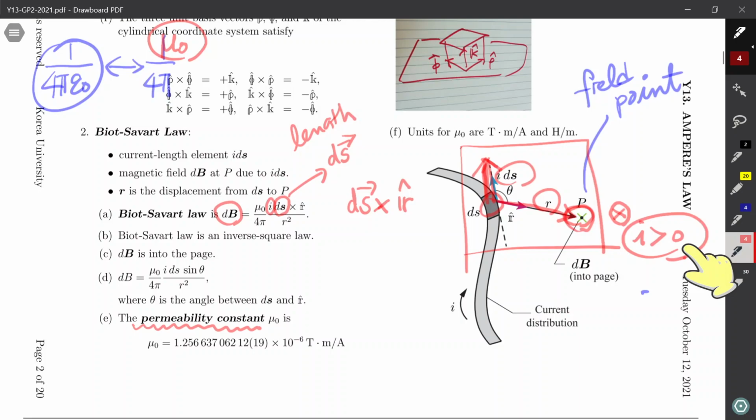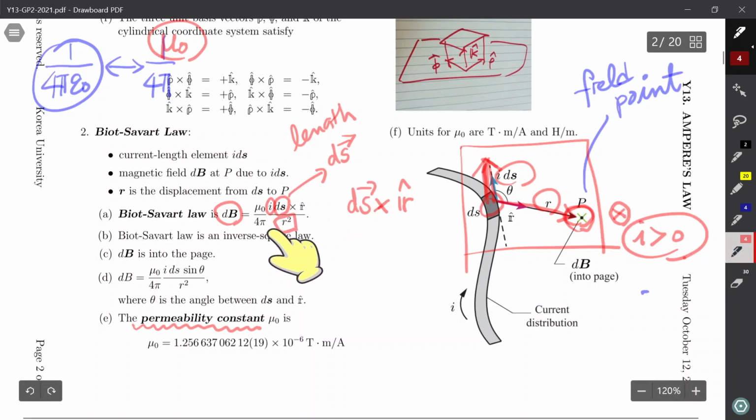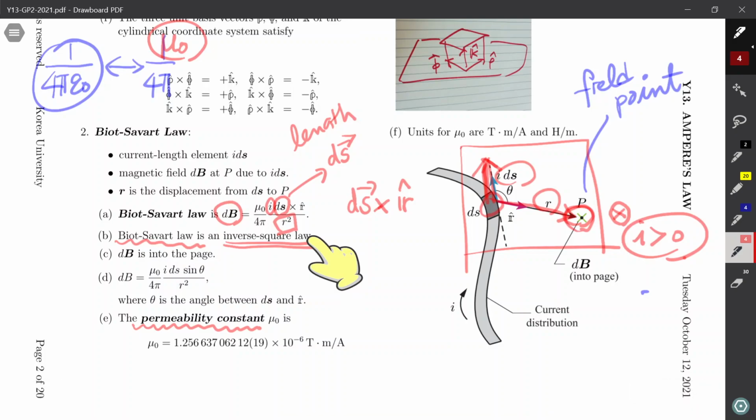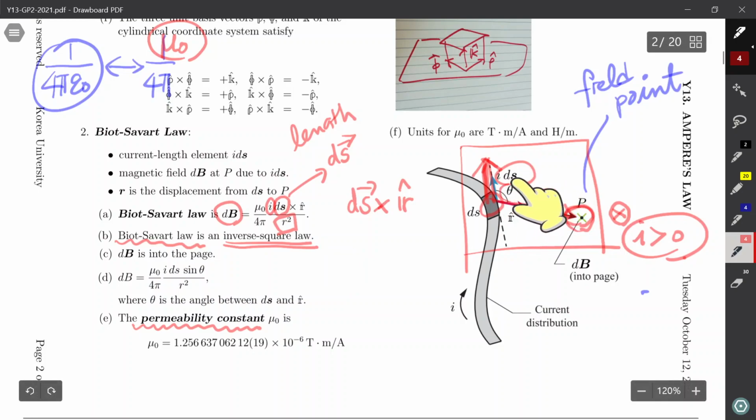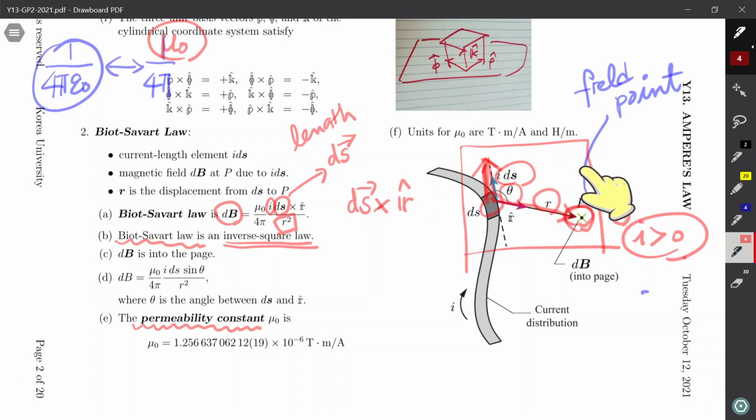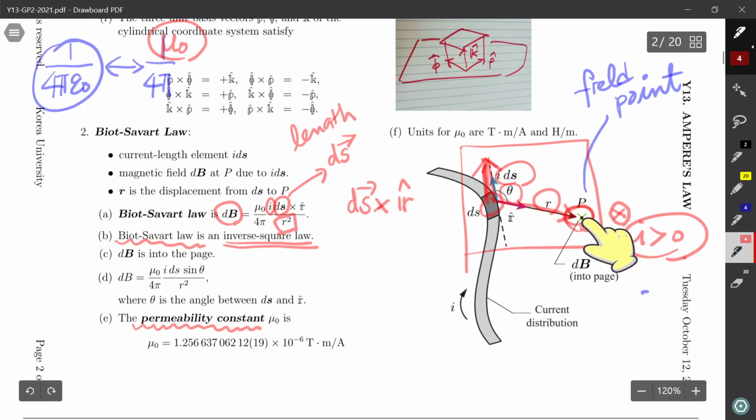So according to this 1/r squared, Biot-Savart law is also an inverse square law. If there is an angle theta between ds, the current element, and the radial vector from the current element to the field point, the magnitude depends on sine theta.